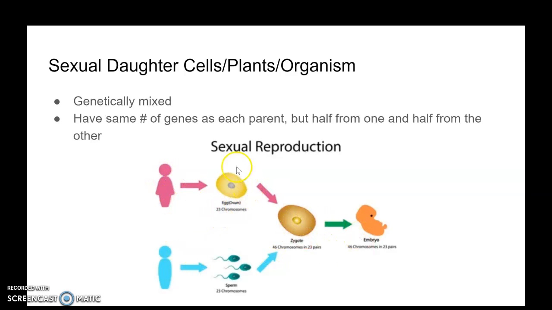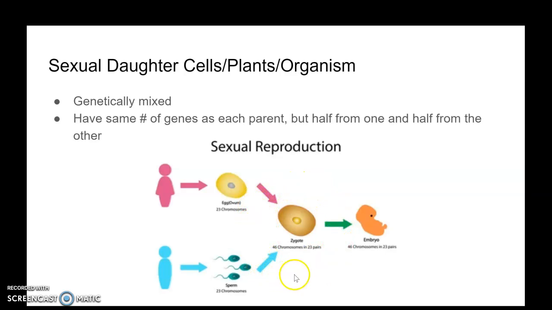Here we have this ovum or egg from this mother, 23 chromosomes, and sperm from the father, 23 chromosomes. They come together, and 23 plus 23 is 46 chromosomes. It forms one-celled organism called a zygote, and that is where the human cell division first begins.